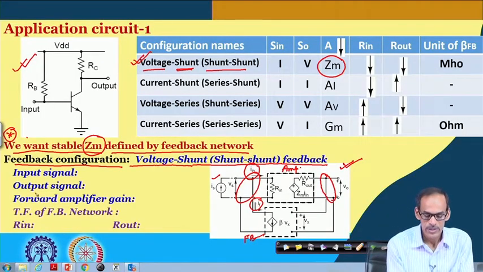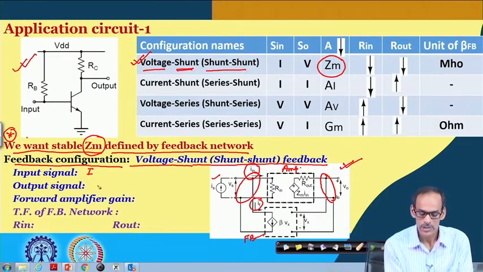So, in this circuit the input signal is current, and the output signal is voltage. So, the forward amplifier gain is Zm.